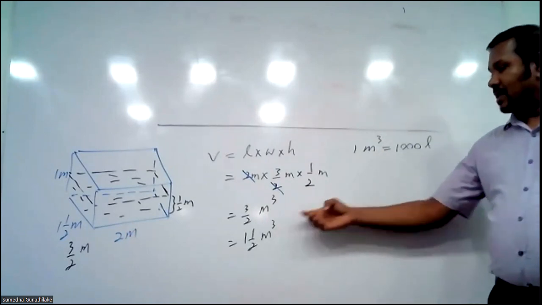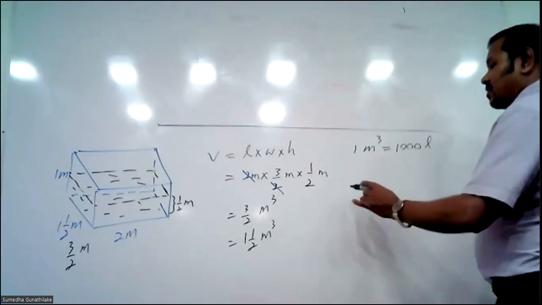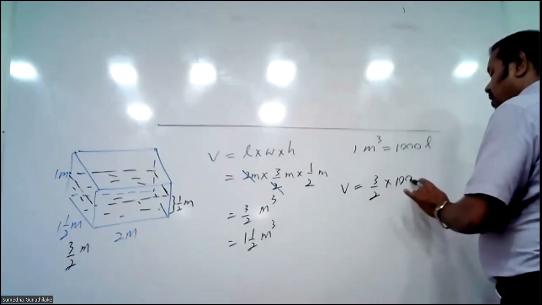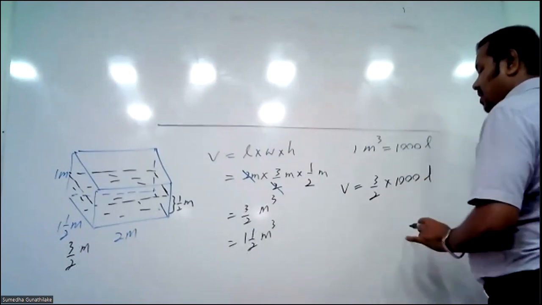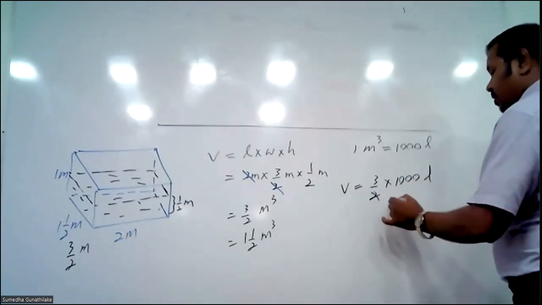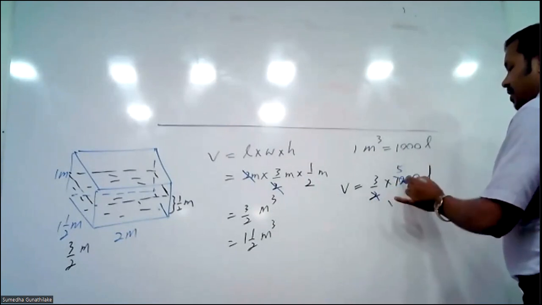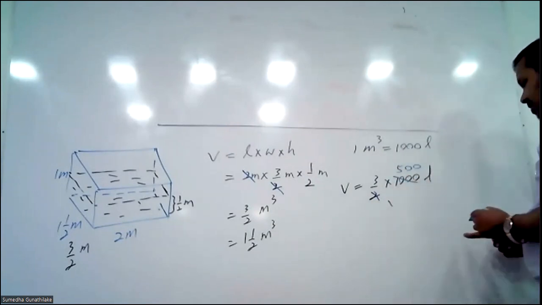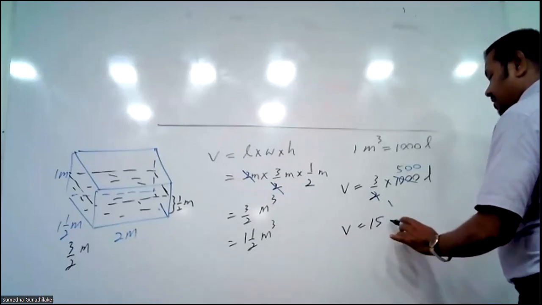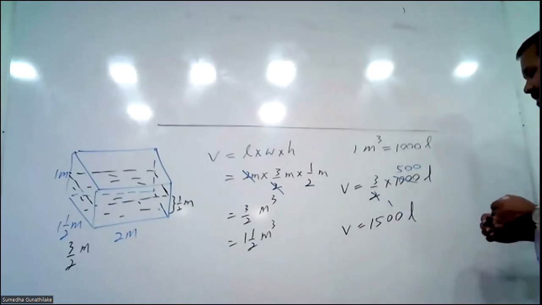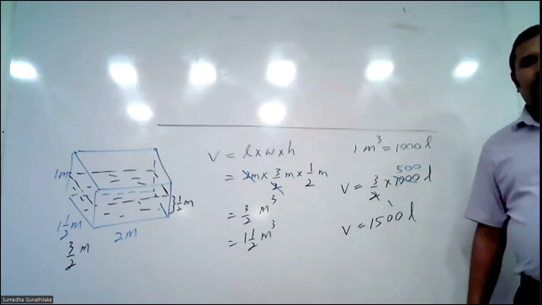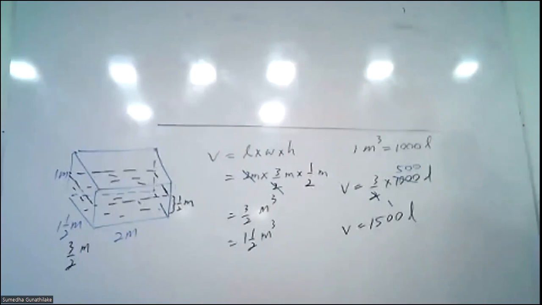When you convert cubic meters into liters, you have to multiply this value by 1,000. 3/2 into 1,000 liters. 2 times 5 is 10, 2 more zeros. 5 into 3, 1,500. Answer is 1,500 liters.